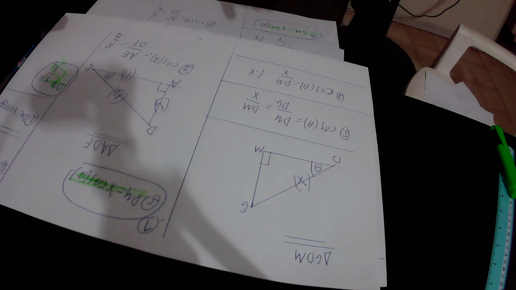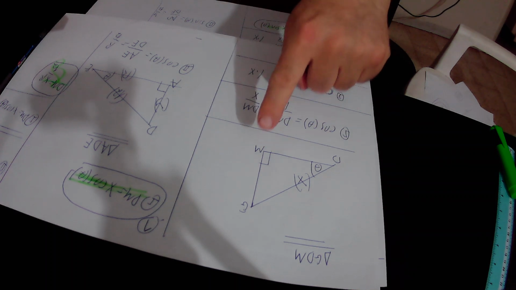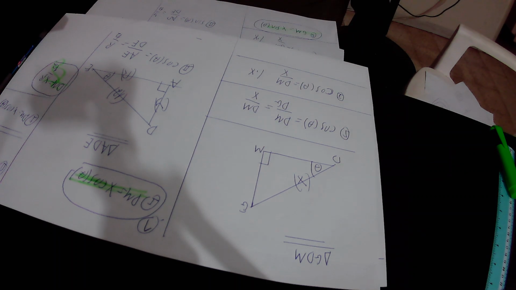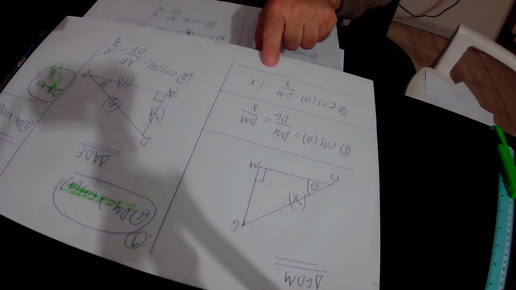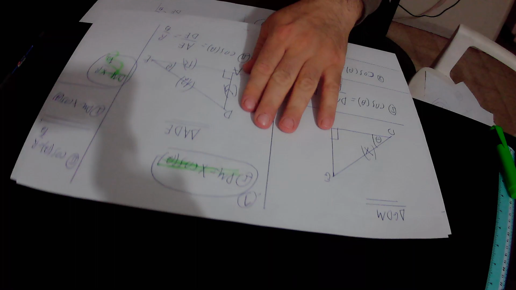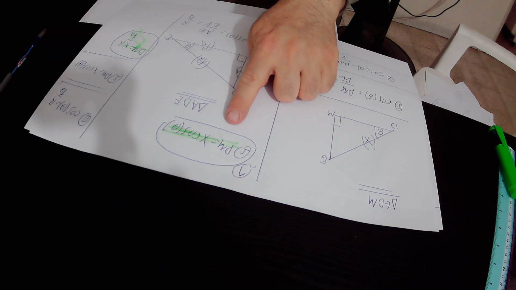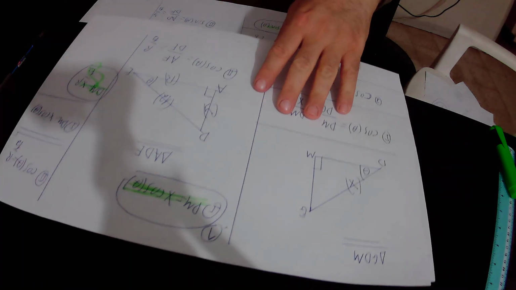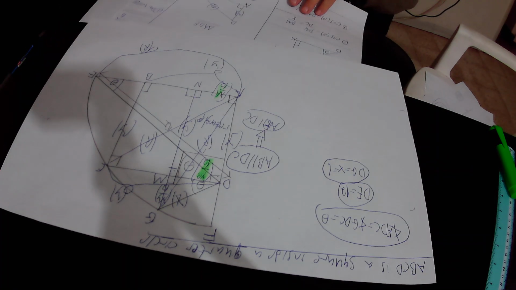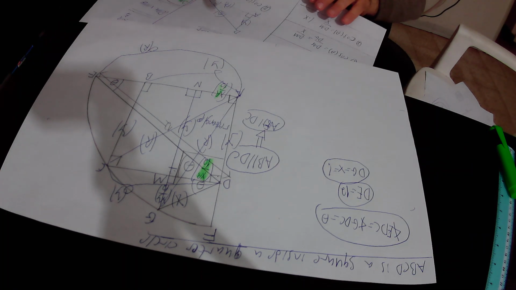DG is x, therefore substitute DG by x. So in conclusion, we found out that according to equation 1, cosine theta equals DM over x. Here we multiply this equation 1 by x, and finally found out that according to equation 1, DM equals x times cosine theta.